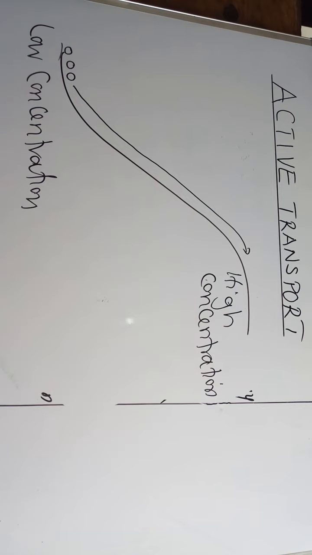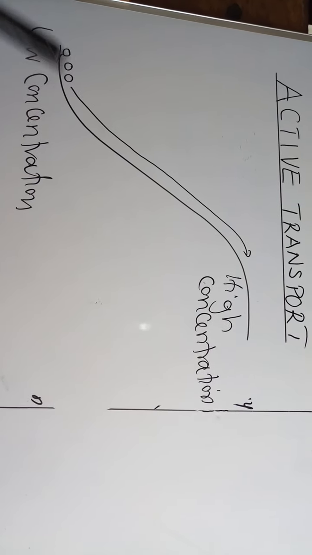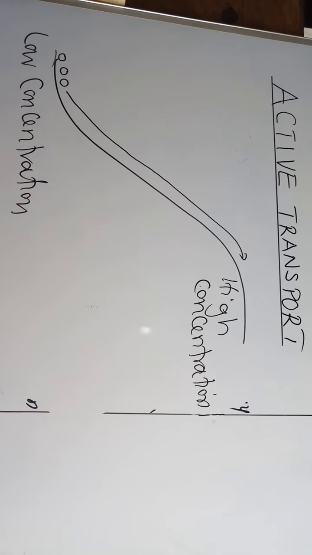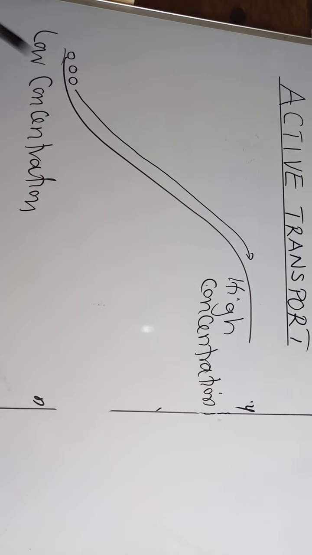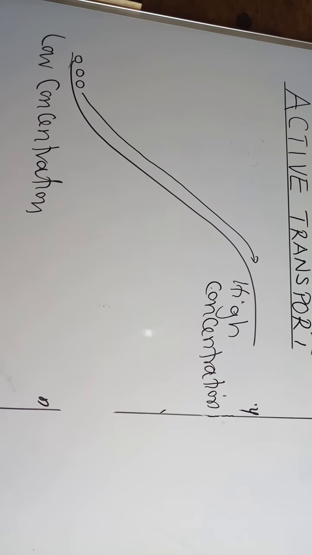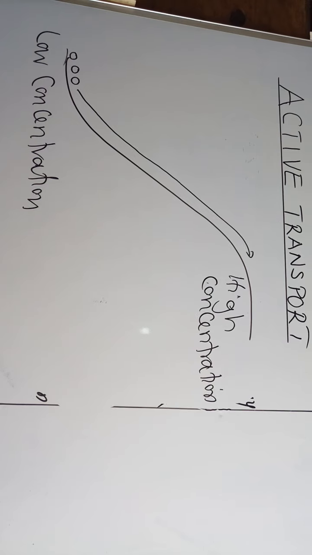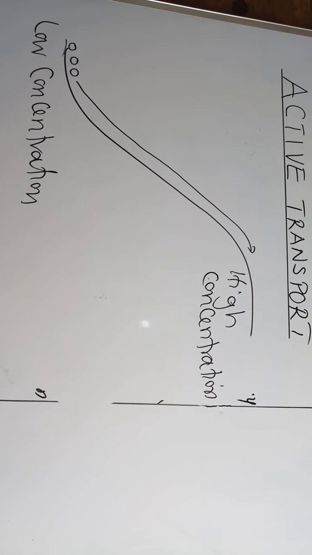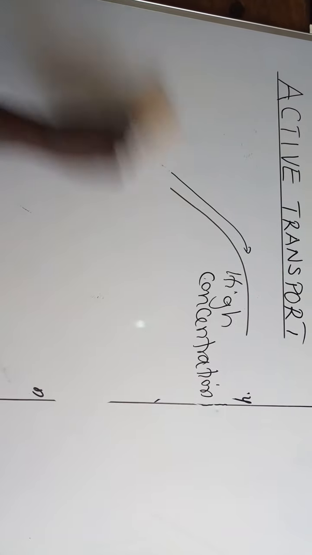In the case of diffusion, particles normally move from region of high concentration to low, which simply means no energy is required. But for active transport to move up the hill, against the concentration gradient, energy is needed. And that energy, as we mentioned, is from respiration.